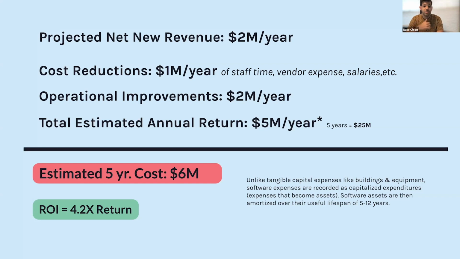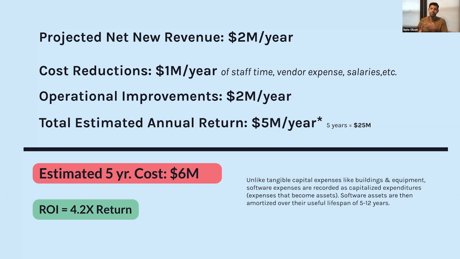And then total estimated annual return, add all those things up, it's $5 million a year times 5 years. Maybe that's not exactly right because it takes time to actually build that up. But you could do that for 3 years and you could come up with an educated guess on your potential return. So I did times 5 years, $25 million divided by what does it cost?